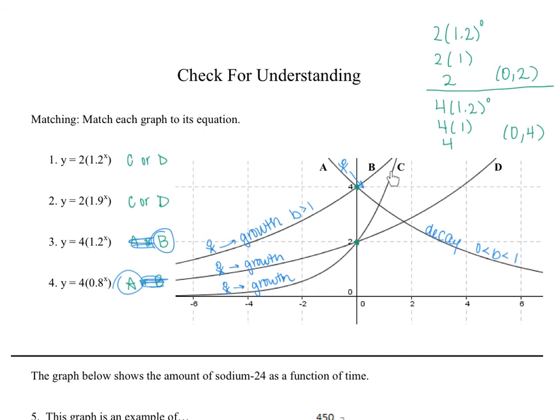So when it's growing faster, that means that our base was a larger value. So this line here, C, is going to correspond with number 2 because it had 1.9. So we can cross off D, we know this is C. And then just by process of elimination, that means that D is our answer for number 1.